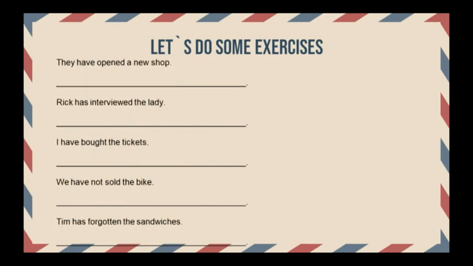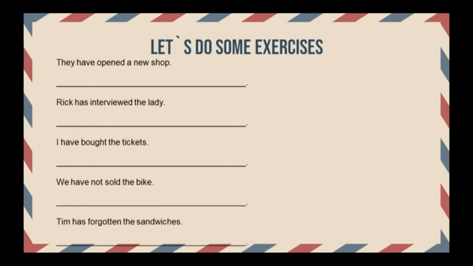Now let's exercise with present perfect simple. These active sentences are in present perfect simple, so we have to put them into present perfect simple passive form. Okay, let's start.